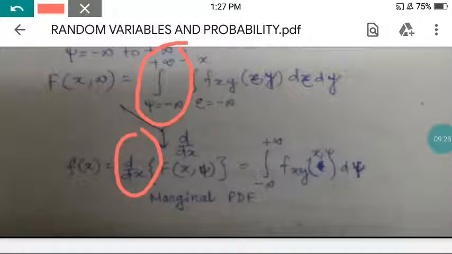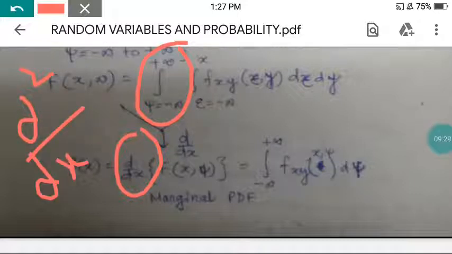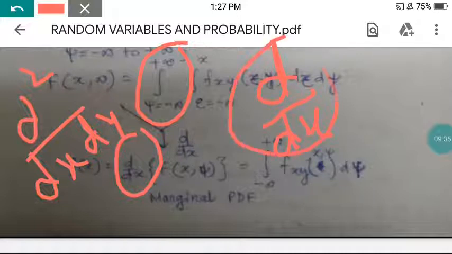So here instead of del square by del x del y, we should write d/dx. Why? Because one domain already comes to infinity. So what is the marginal PDF? One domain is ranging from plus infinity to minus infinity, and the other domain is ranging from minus infinity to x. In this way the marginal PDF can be described.